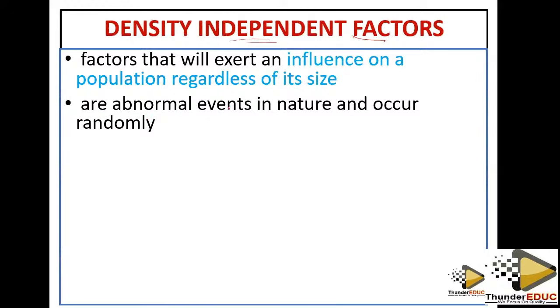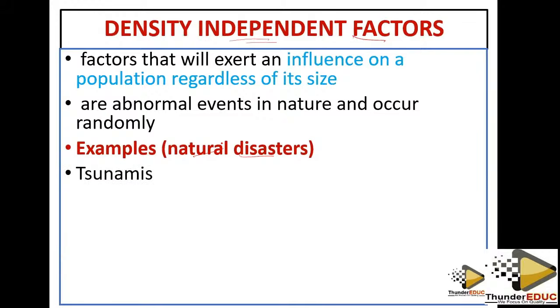These are abnormal events in nature and occur randomly. Imagine a big tornado coming. What next? A lot of individuals will die. So examples include natural disasters. Any disaster which is natural. Yes.